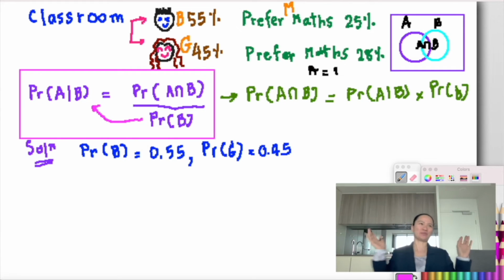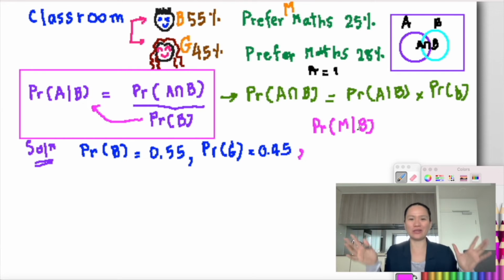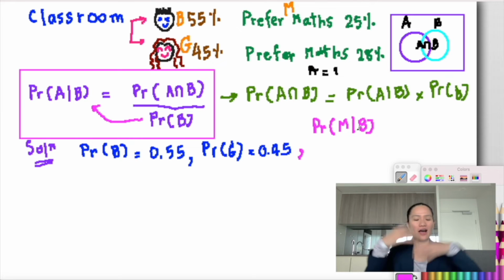I try to explain in an easy way for you. Next one, P for math. So it means probability math, P for math, given boy. What does it mean from here? In the classroom, there are boys, 55% are boys, and from 55% of boys, there's 25% that like mathematics.